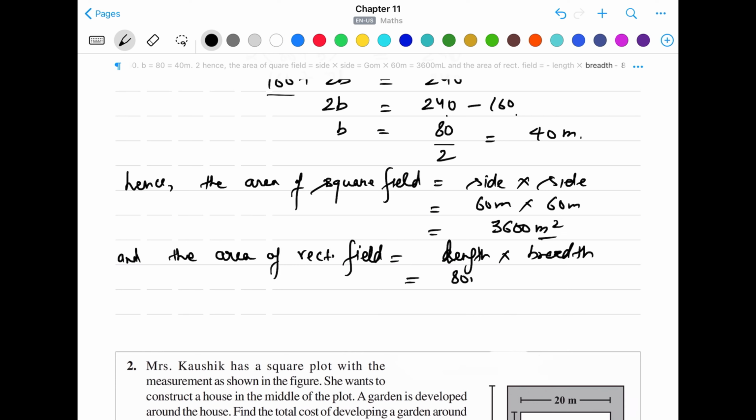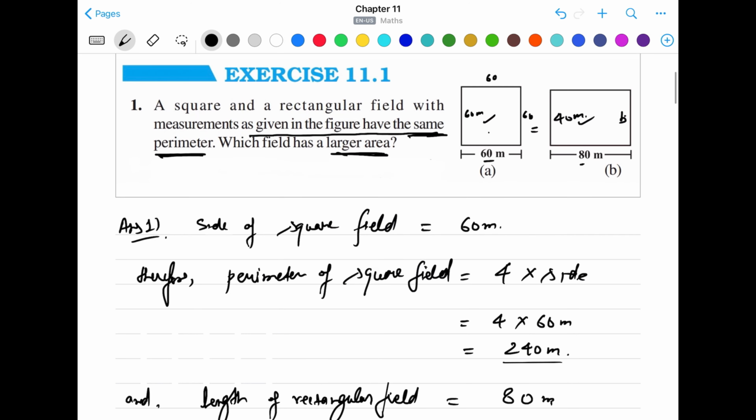Length is 80 meter and breadth is 40 meter. When you multiply the two, the result is 3200 meter square. Now as you can see, the area of the square field is more than the area of the rectangular field. We are asked to find which field has the larger area.